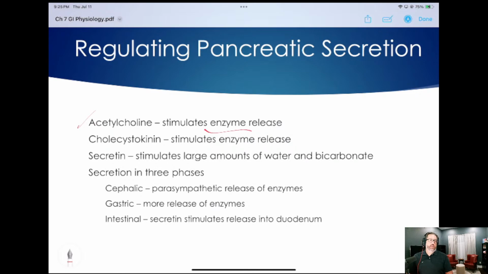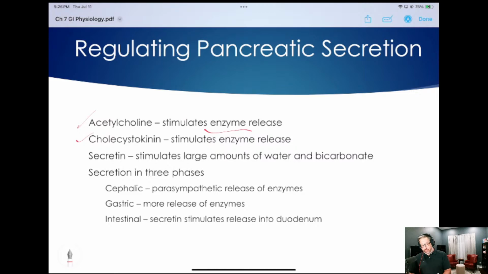We need our pancreatic enzymes to be released. Cholecystokinin is released by the duodenum when it senses the acidic chyme or distension in the duodenum. If we have food and chyme in that duodenum, that means we need more pancreatic juices because we have food and chyme that needs to be broken down even more.